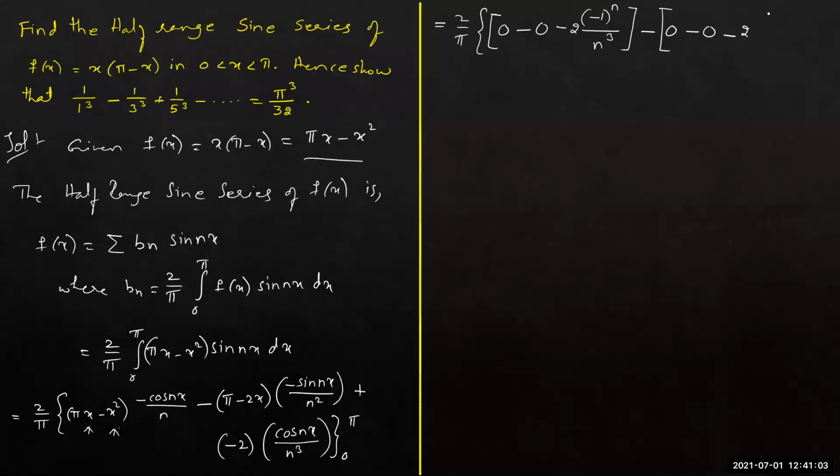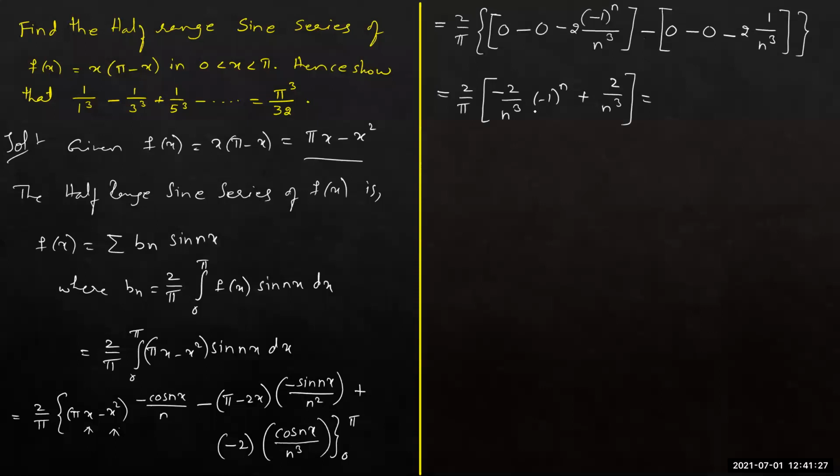Cos 0 value is 1 by n cube. So these things you'll get for both the upper limit and lower limit. I'm just trying to simplify it like this. You see, 2 by pi into, what you have there, here it is minus 2 by n cube into minus 1 to the power of n. And here, minus of this minus, plus 2 by n cube.